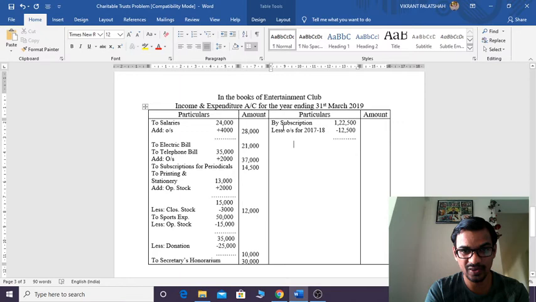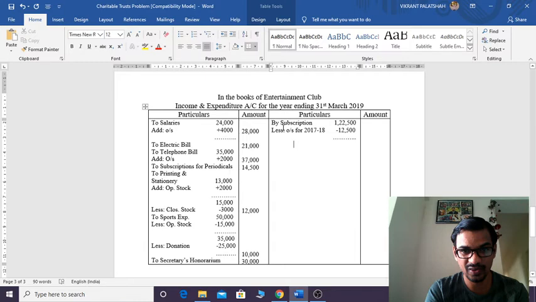That we have to deduct from rupees 1,35,000. And how much comes there? It is 1,35,000 minus 12,500, it is 1,22,500. And one more thing we have to less: subscription received in advance at the end of the current year.